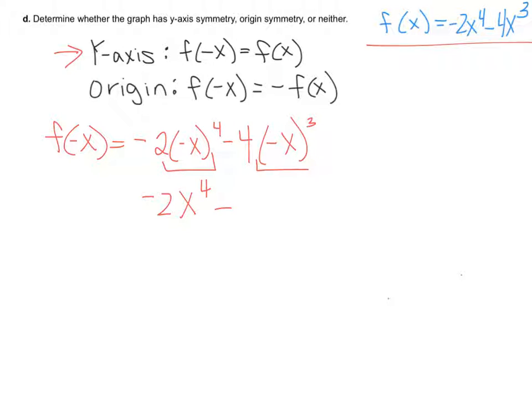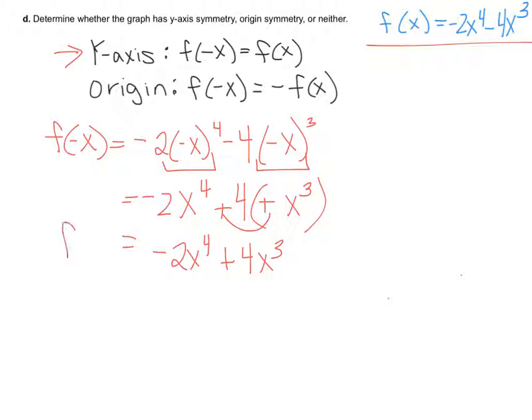If we look at our next term, negative x raised to the third power is the same as negative x cubed. That's because a negative raised to an odd power is always negative. So we'll multiply that negative x cubed by the 4 in front, and then we're going to simplify this, so we get negative 2x to the 4th. A negative times a negative is a positive, so it's plus 4x cubed.